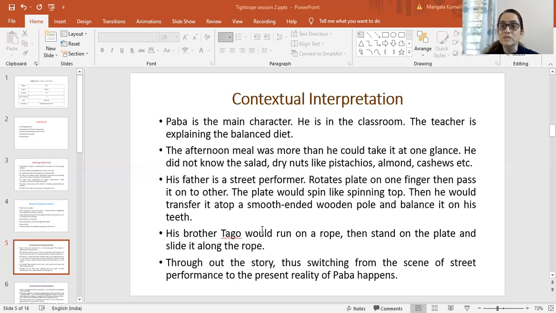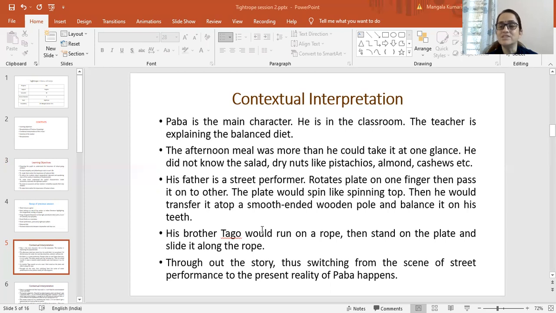The main character Paba observes everything on the blackboard: the afternoon meal, morning food, breakfast, luncheon, and evening food, all explained. The afternoon meal itself was more than he could take in at one glance. He didn't know what salad meant. When the teacher asked him, he went lost. He didn't know what salad was.